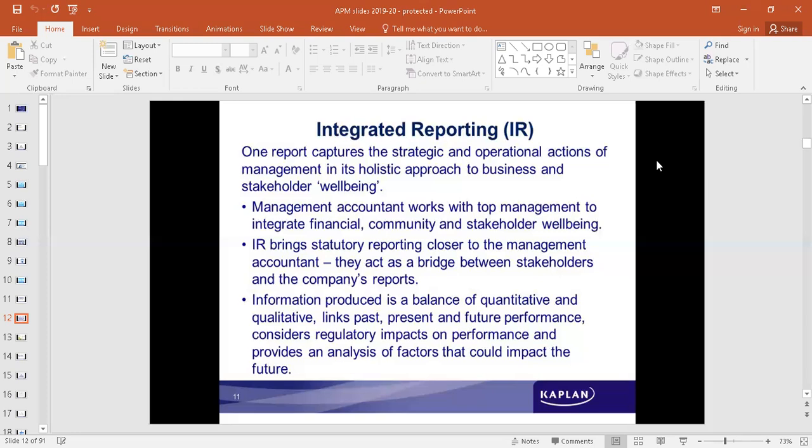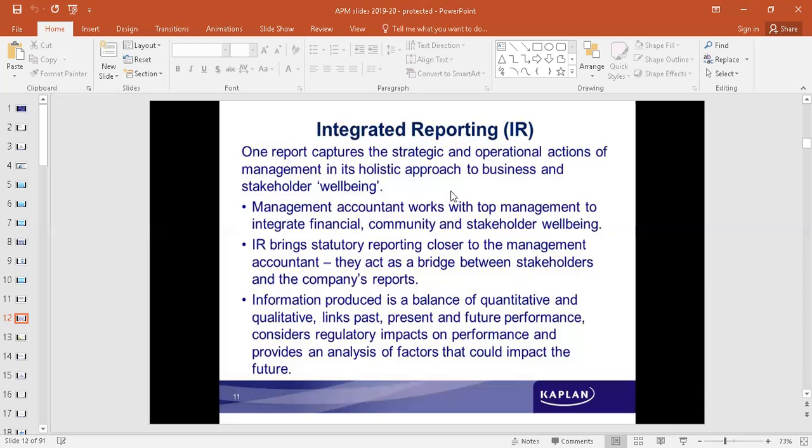So therefore, other details about the organization are also provided to the stakeholders by integrating other reports with the report on the financial statement.